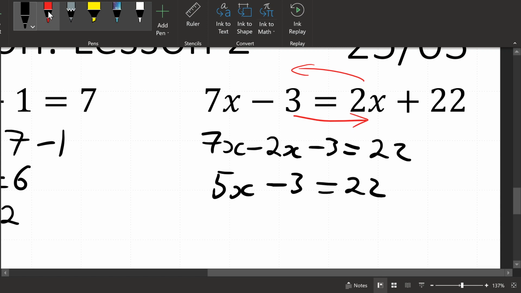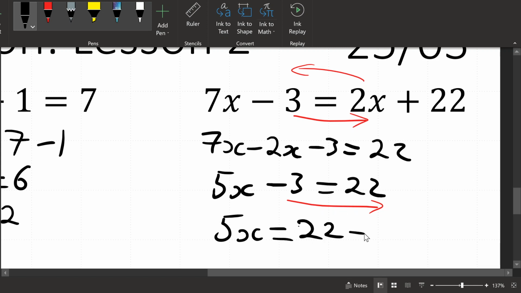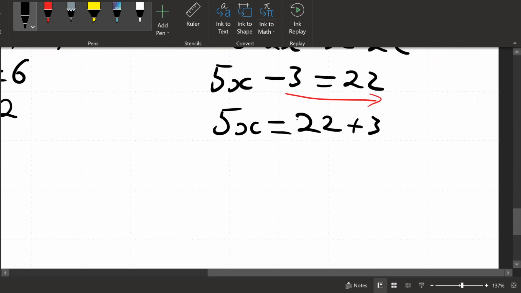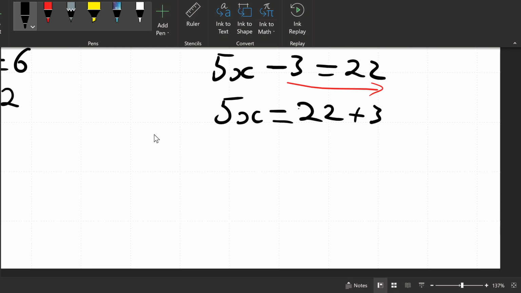Great. And now we want to bring that 3 over. We're still trying to bring that minus 3 over, so we add 3 to both sides, or we move the 3 over, and we change the sign, and we get 22 plus 3. So from now on, I'm just going to say we add 3 to both sides, or we subtract 3 from both sides. Again, it's the same logic, but I just want to keep to the correct terminology, okay?